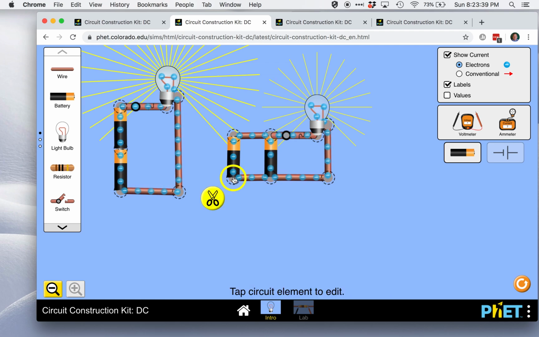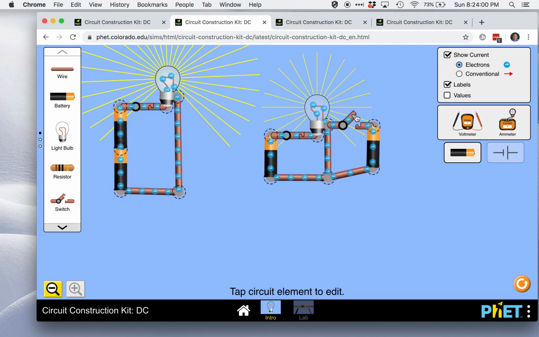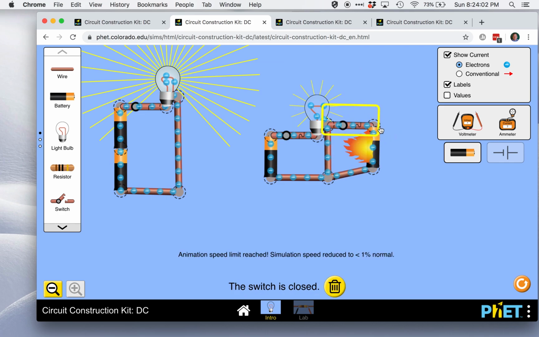So let's see if we can actually fix that, since the simulator doesn't seem to like us doing this. What happens if we put our battery over here? And just for fun, throw another switch in there. Close that. Whoa. Whoops.